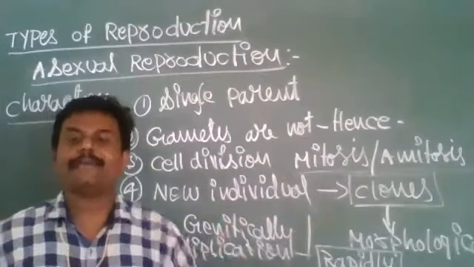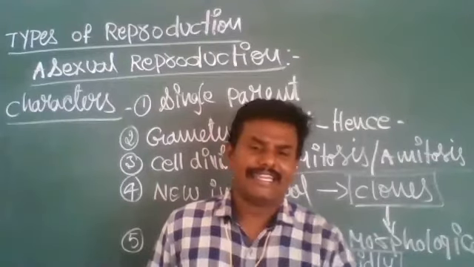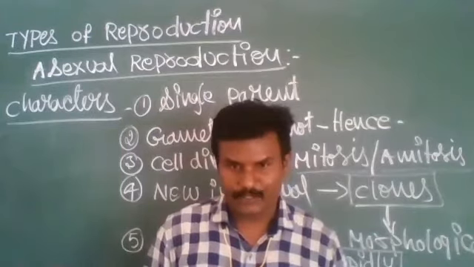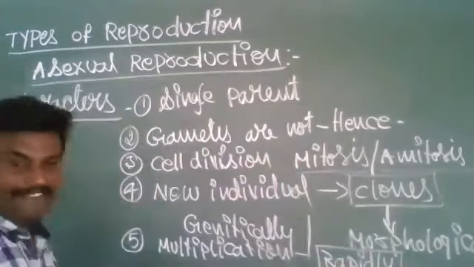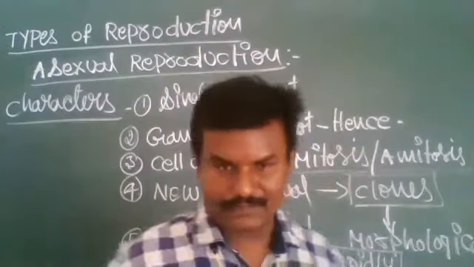As a result, identical cells or new individual organisms are formed. These are all the characteristic features of asexual reproducing organisms.